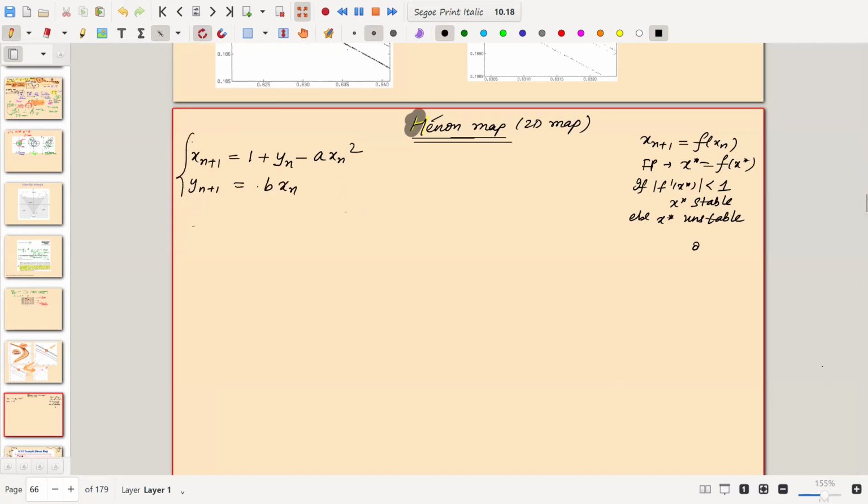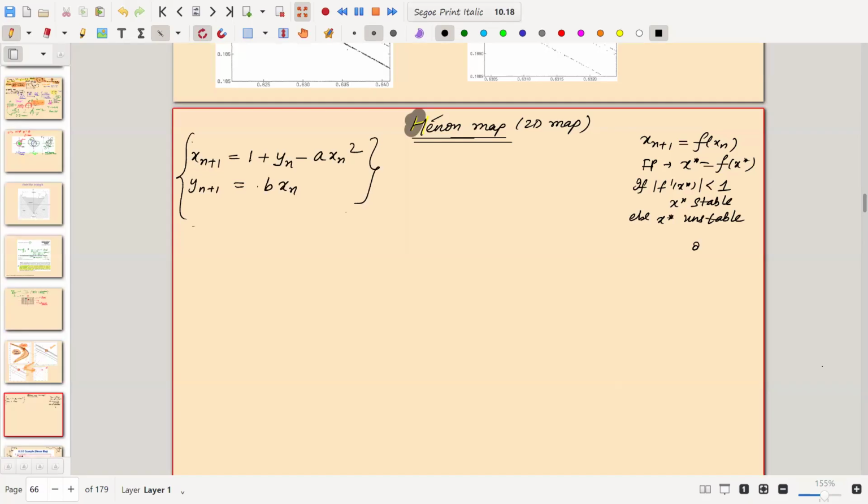I think that was one part of the map. We were doing a few transformations, and that was one part of the transformation I wrote. So this is the final map. We did some rotation, stretching, and all those things. So this is the 2D Henon map.